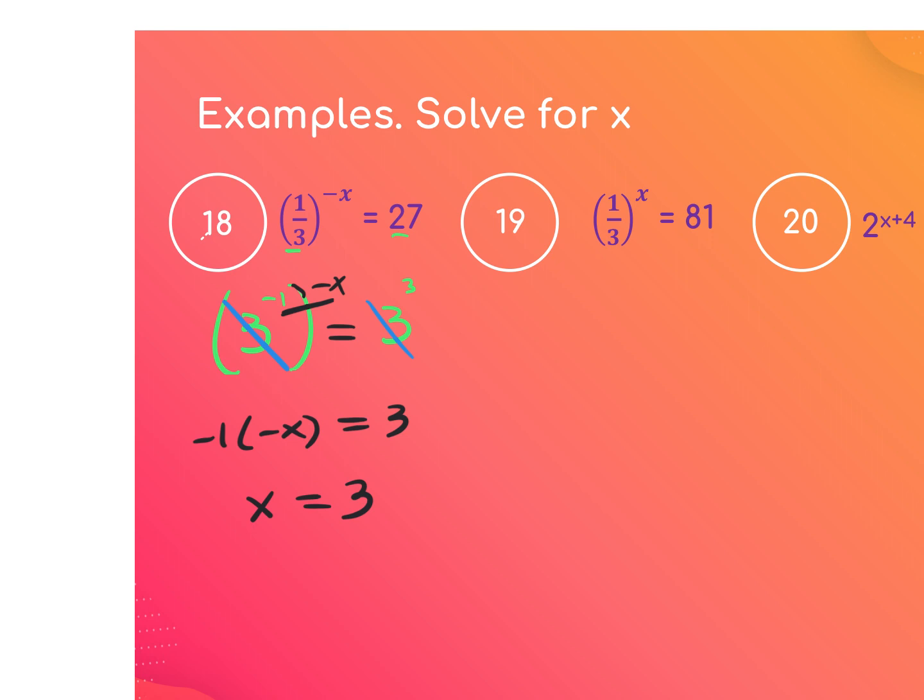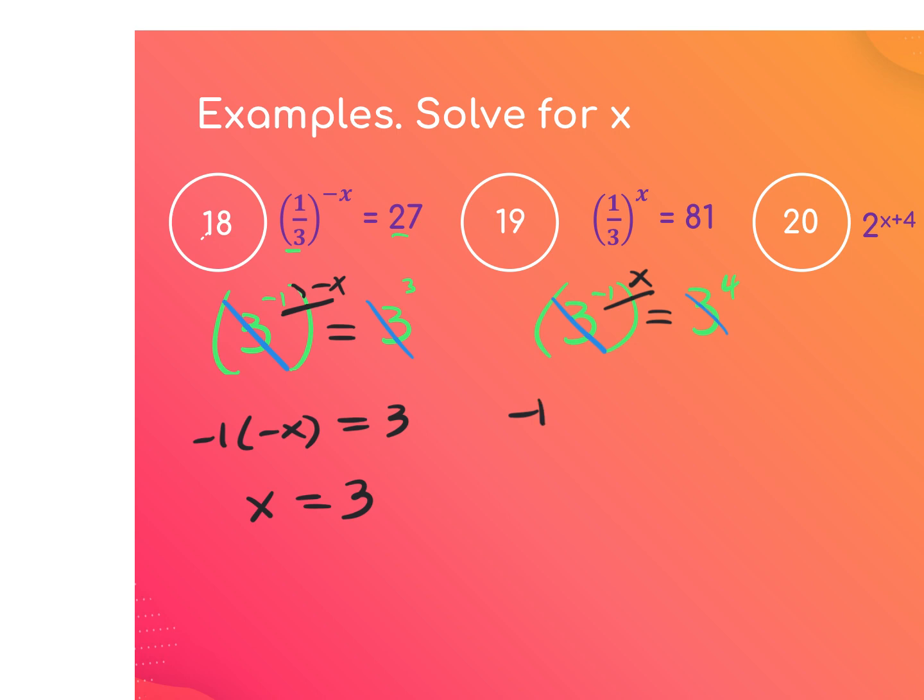Do the same thing on 19. Change the 1/3 to 3 to the negative 1. Still has the power of x from the original problem. Change the 81. This is actually 3 to the 4th. I have the same base now. Get rid of the 3's. And now again, power to the power.